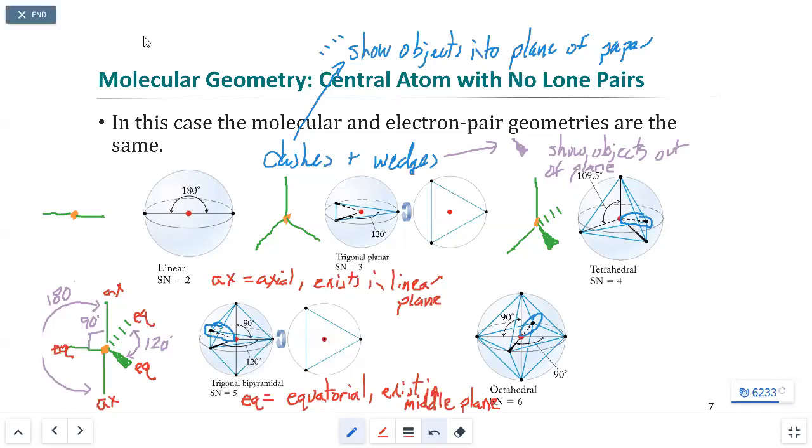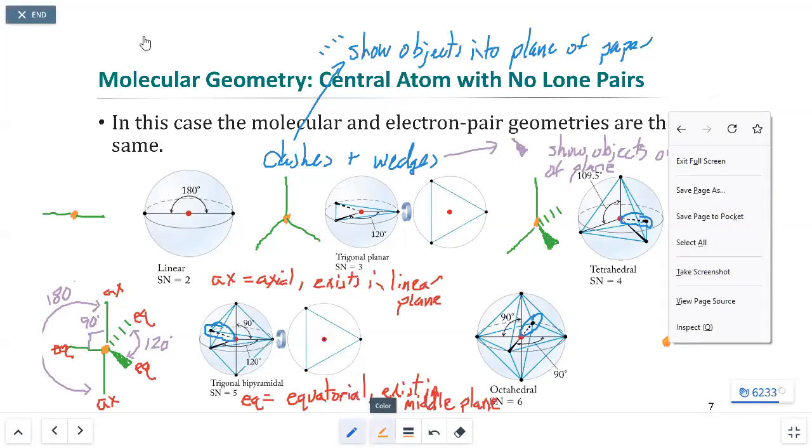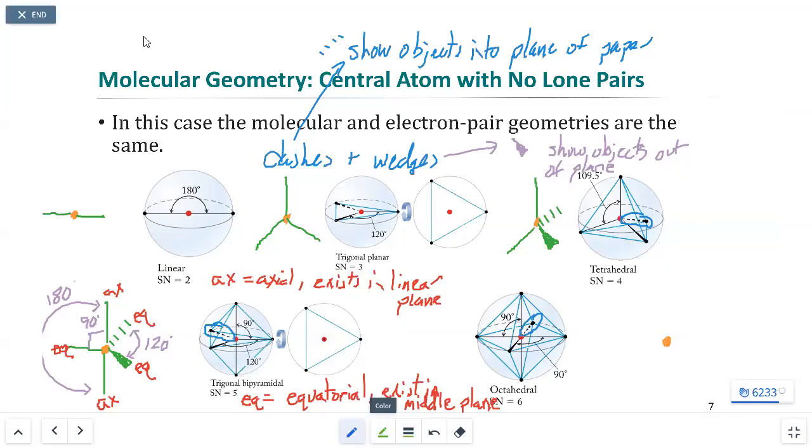All right, this last one here. Most traditional way of drawing it is showing the axial plane as being in the plane and the equatorial positions as coming out and in.